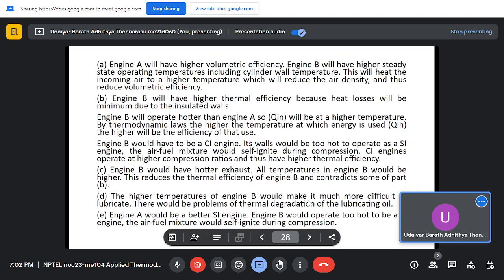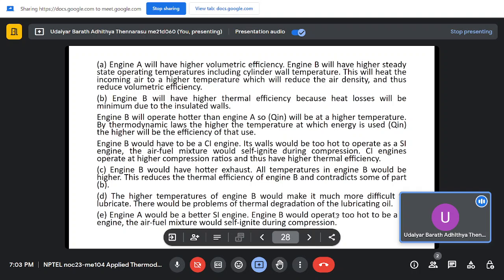If you see, it's kind of contradictory, because higher exhaust temperature means a large amount of energy is lost as the exhaust is carrying a larger amount of energy. So this is of opposing nature. It depends upon the fraction of how much is produced and how much is lost. Ultimately the efficiency comes down to what fraction of energy is lost in the exhaust and what fraction of energy is produced as work.